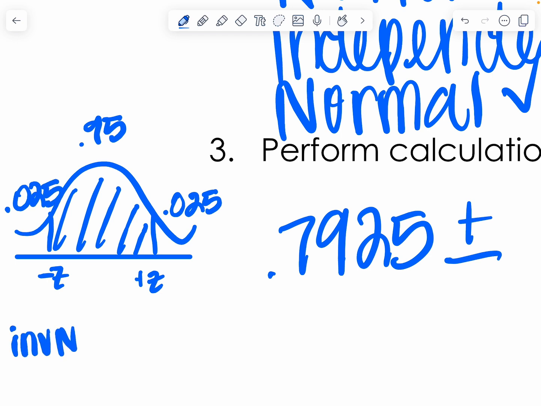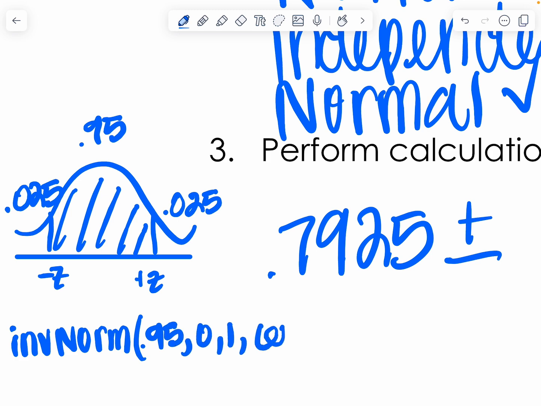So in my calculator, because it's a charging calculator, I'm going to hit 0.95, 0, 1, center, and I get plus or minus 1.959, so 1.96.